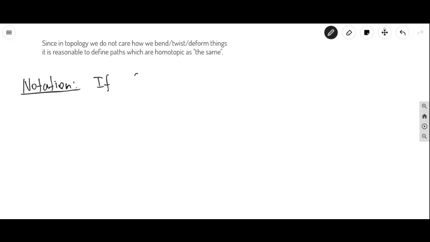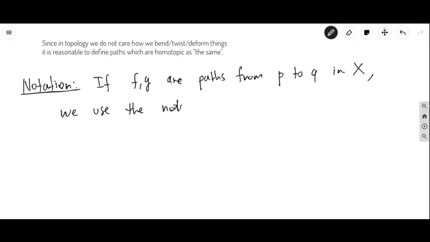So if f and g are paths from P to Q in some space X, we use the notation F. It's very similar notation to what we've been using before for a homeomorphism, but we're using similar notation because of overloading.